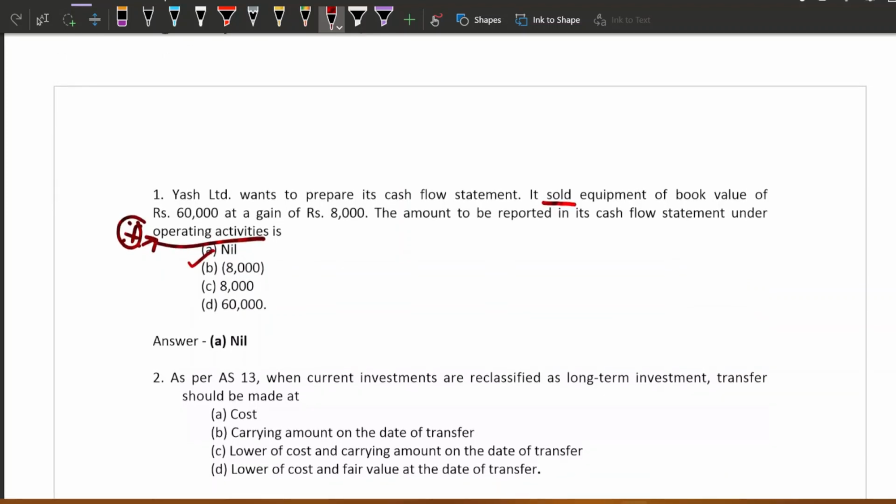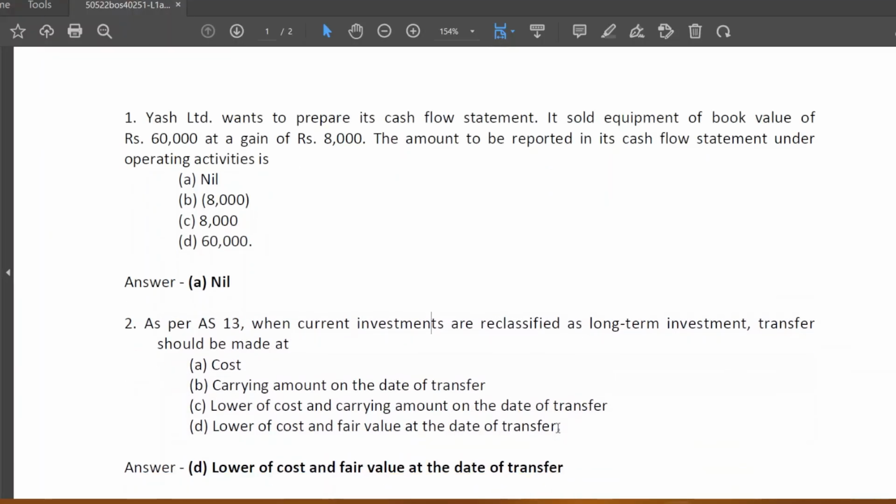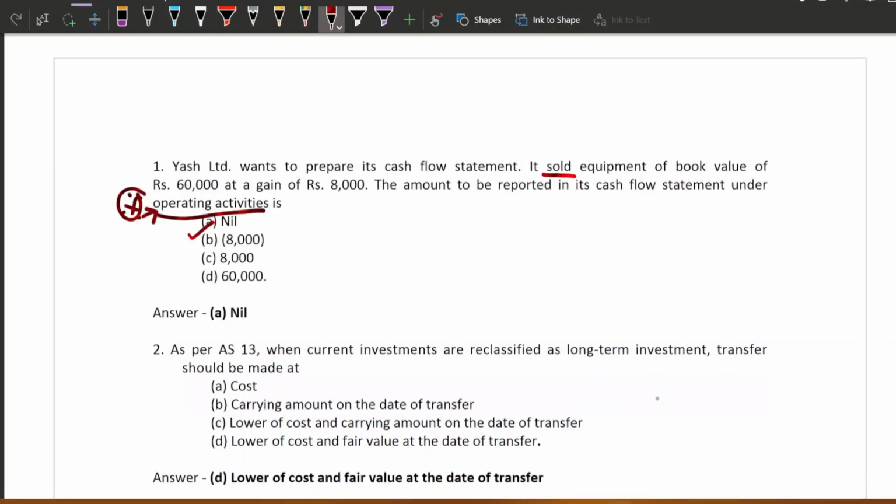As per AS 13, when current investments are reclassified as long-term investments, transfers should be made at... So the answer is lower of cost and fair value at the date of transfer. AS 13 deals with accounting for investments, and there are two cases of reclassification. The first one is where long-term investments are reclassified to current investments.